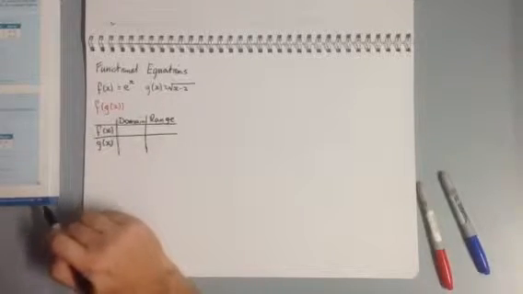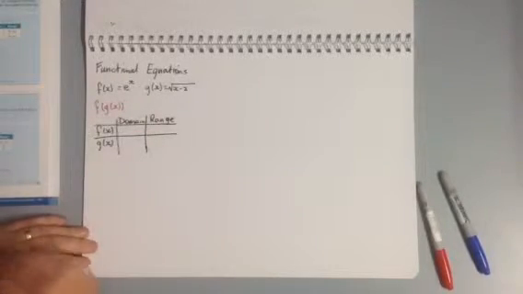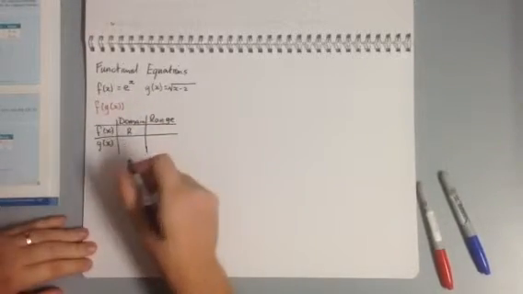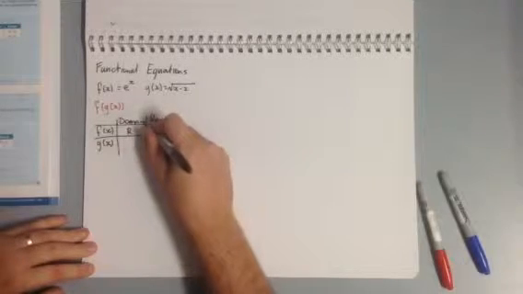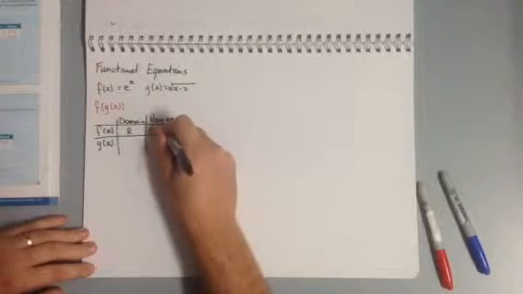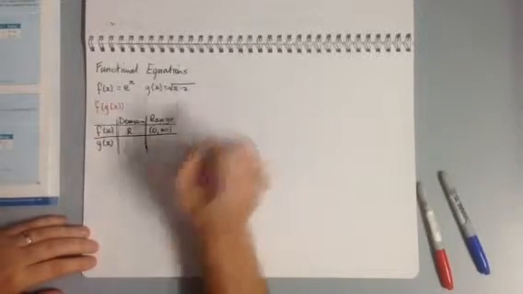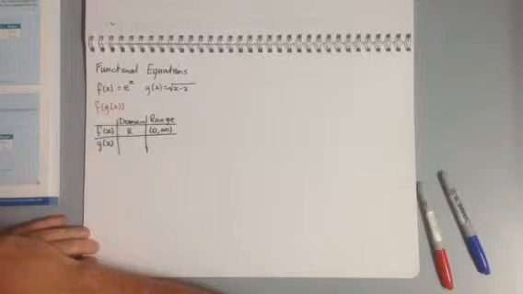Okay, so we look at f of x first, let's say. So we look and we go, well, what's our domain of e to the x? And that's all real numbers. Okay, and if we look at our range for e to the x, it's from 0 to infinity.